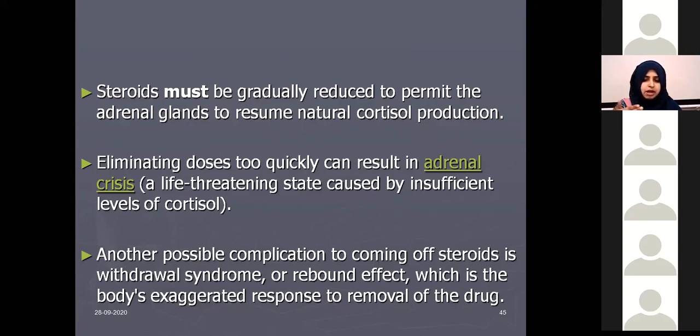It basically acts by a feedback mechanism as well. The normal cortisol that is important for the daily function of the body is not produced, and it will lead to adrenal crisis. So always taper off, so that the adrenal gland becomes ready to resume natural cortisol production. Otherwise, be prepared for adrenal crisis.